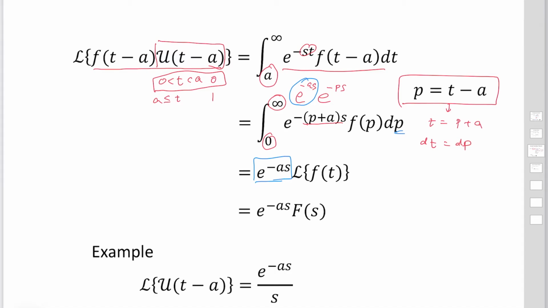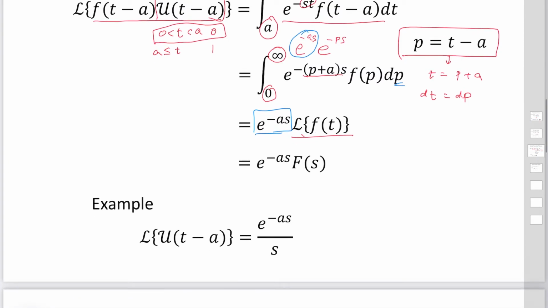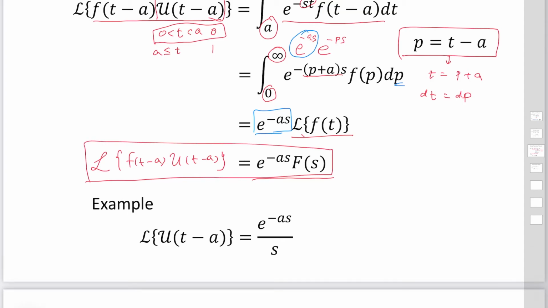The rest of the terms correspond to the Laplace transform of f. So if we consider the Laplace transform of f(t minus a) times the unit function u(t minus a), it becomes e^(-as) times the Laplace transform of f.